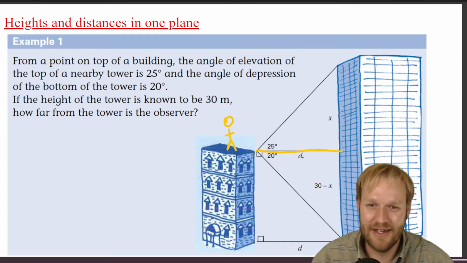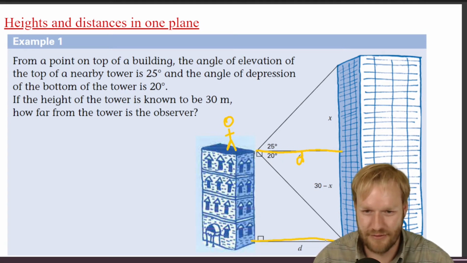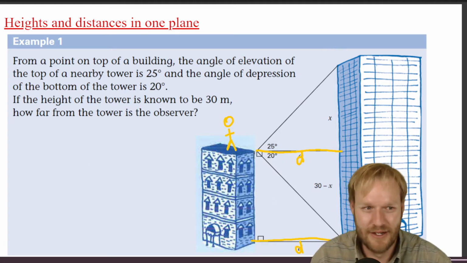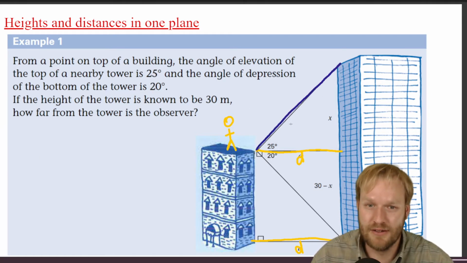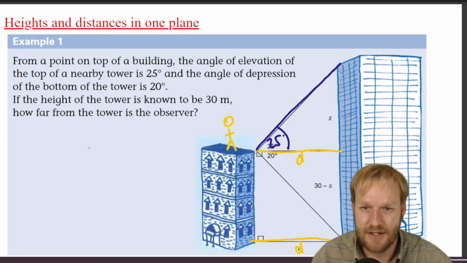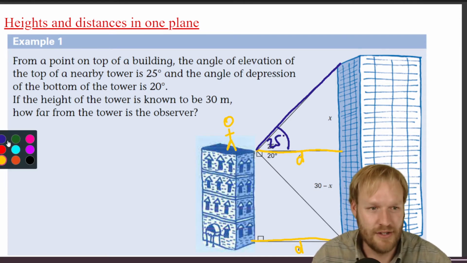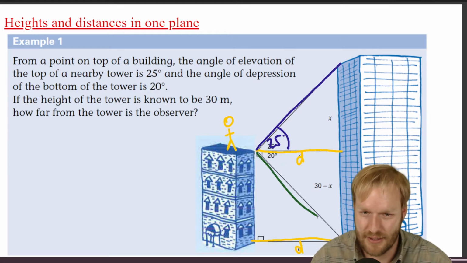Let's call that D. If we drew it at ground level, it would also be D. If you looked up towards the top of the other building, that angle is 25 degrees, and if you looked down at the bottom of the building, that would be 20 degrees.